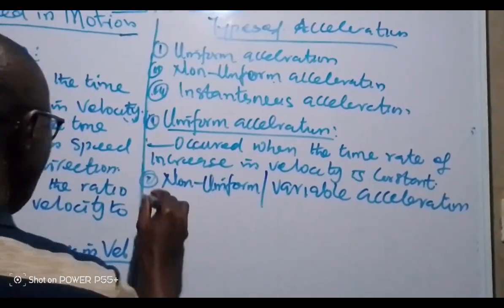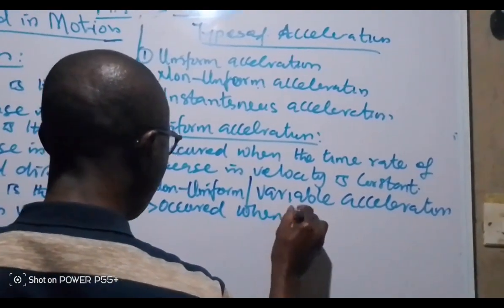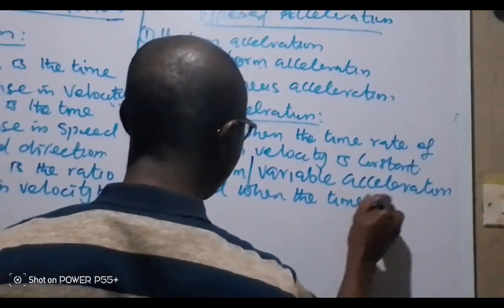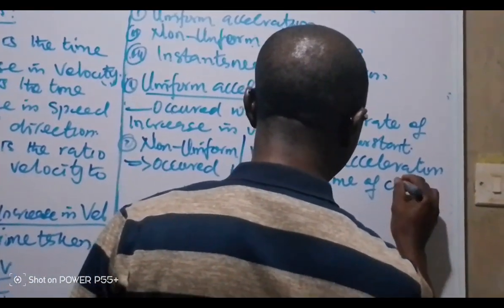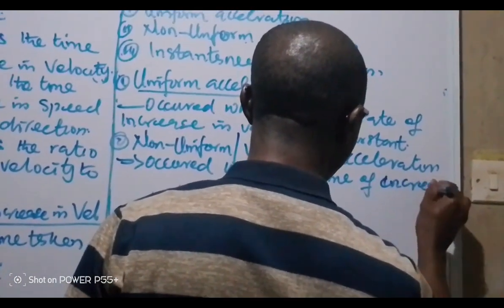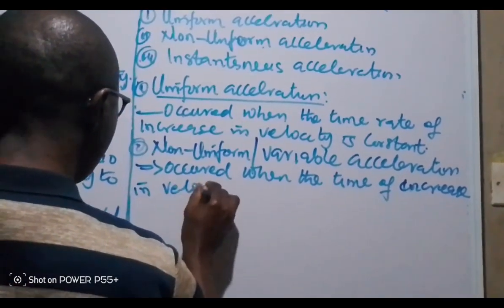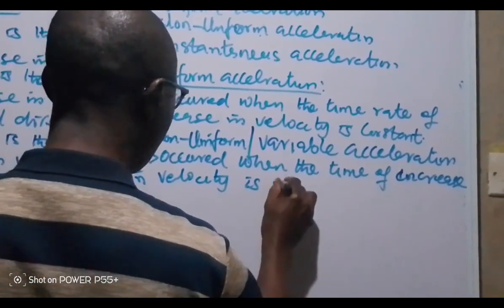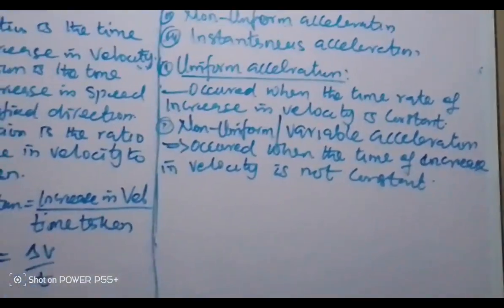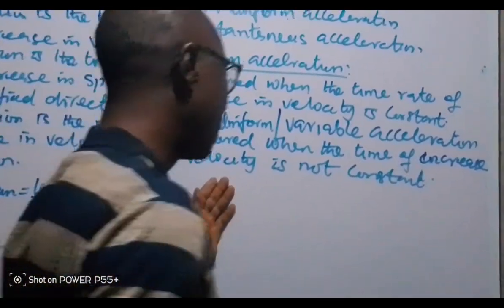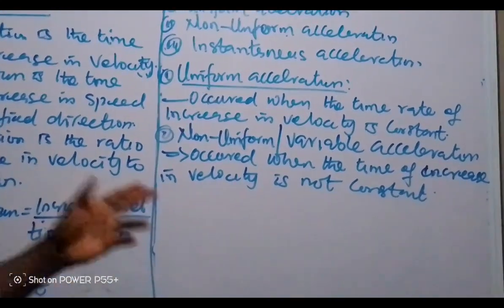And this one occurs when the time rate of increase in velocity is not constant. As in, when the rate at which velocity is increasing is not the same as that of time, then we have non-uniform acceleration.